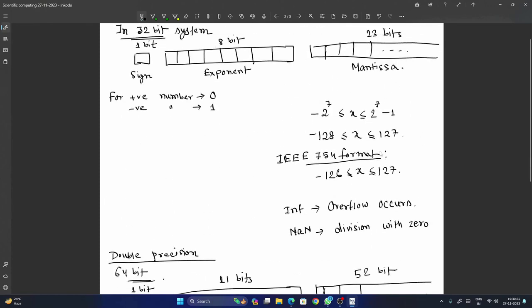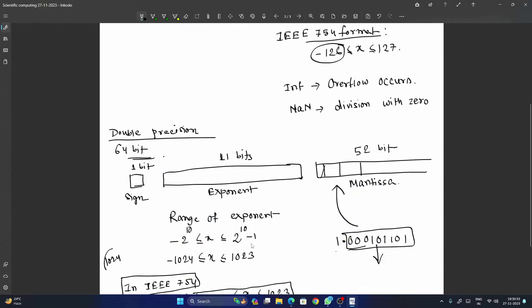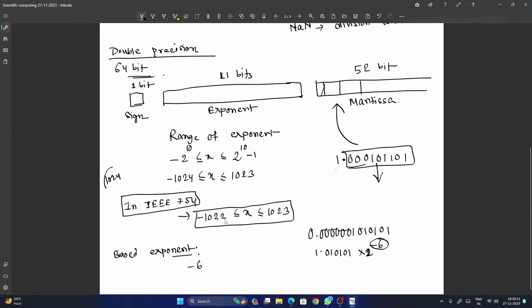If it is a 32-bit system, the minimum you can get is minus 126 as per the IEEE format. If it is 64-bit, the minimum is minus 1022.